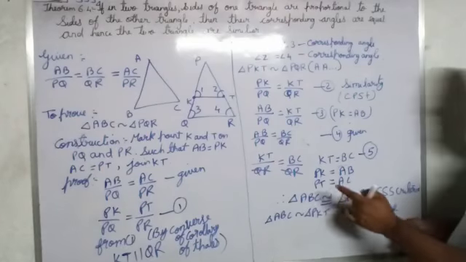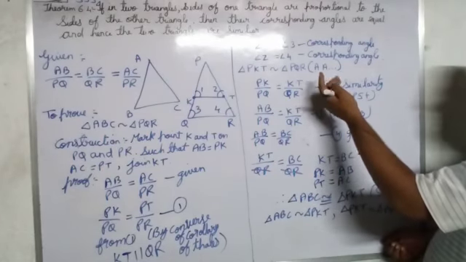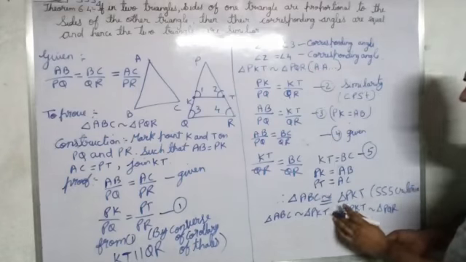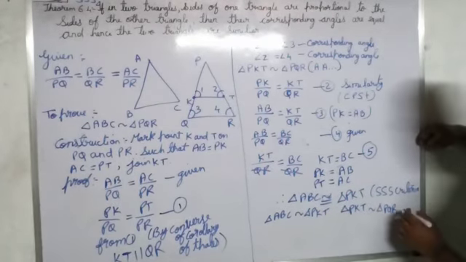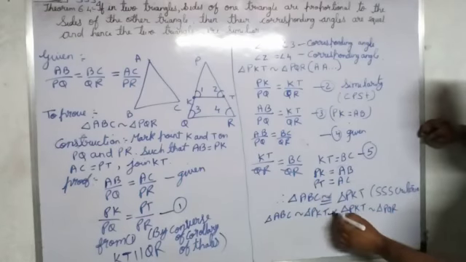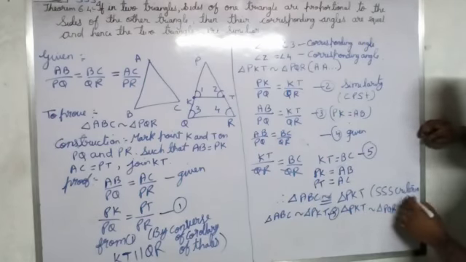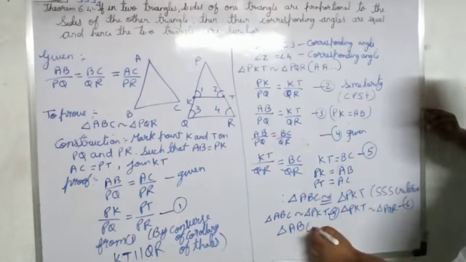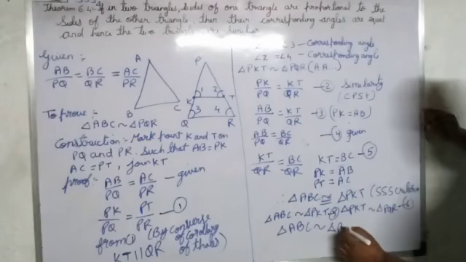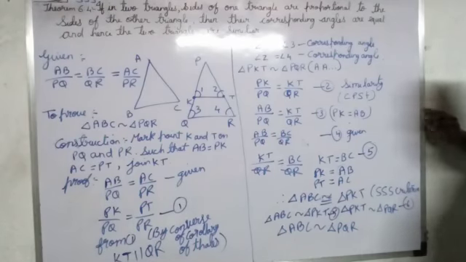We will name this 6. From 5 and 6, you can say triangle ABC is similar to triangle PQR. Hence it is proved.